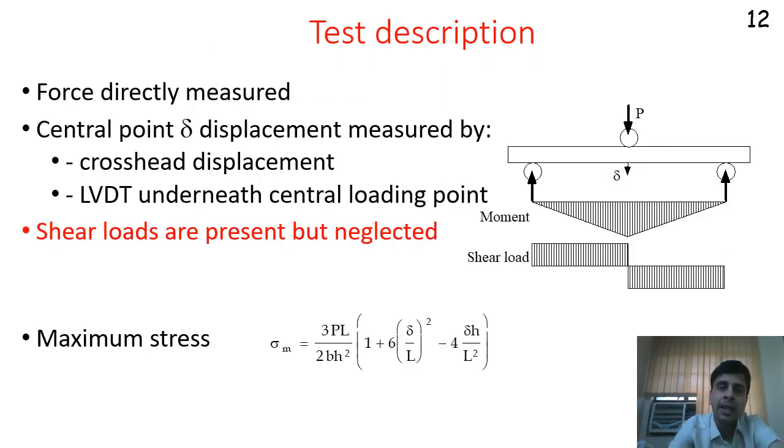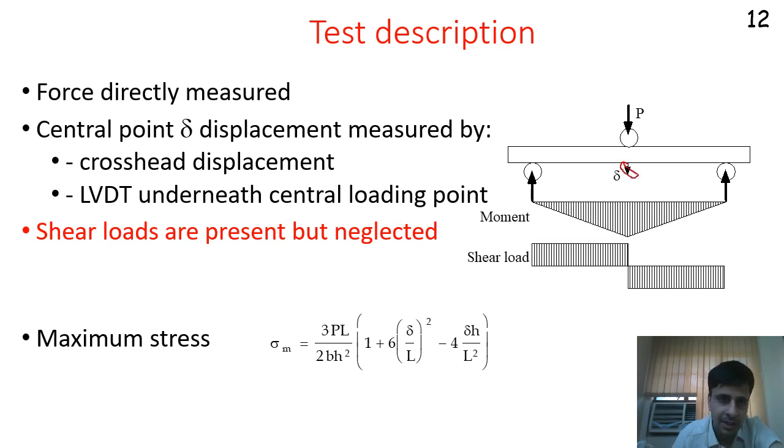Test description. So when you perform the tests, your sample is resting on two supports. You apply a load force which is directly measured from the load cell, and the central displacement could be measured by using either the crosshead displacement or you put some sort of an extensometer, LVDT, just below the central loading point. So you have some sort of deflectometer here.